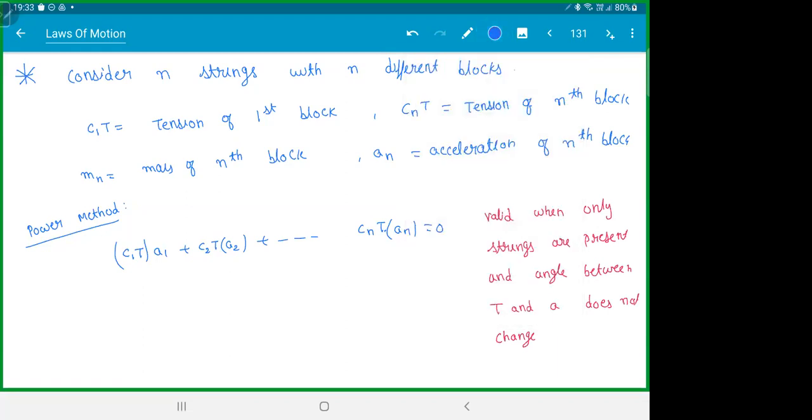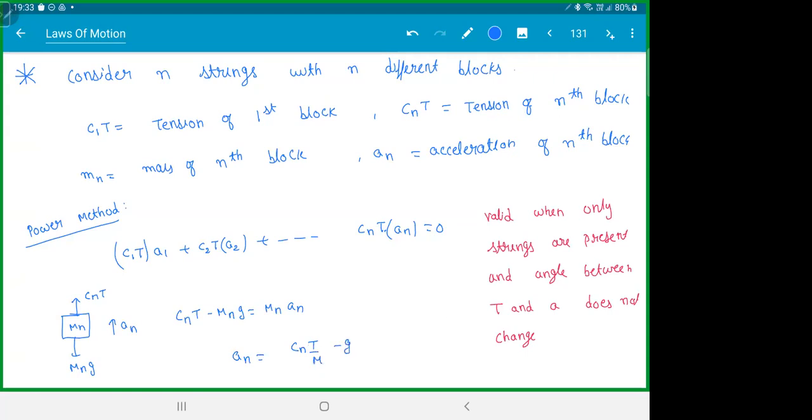And then if you choose any one block, the forces will be CnT and Mng, and acceleration An. We get CnT minus Mng is equal to MnAn. From here you can get An, and that will be CnT by Mn minus g.